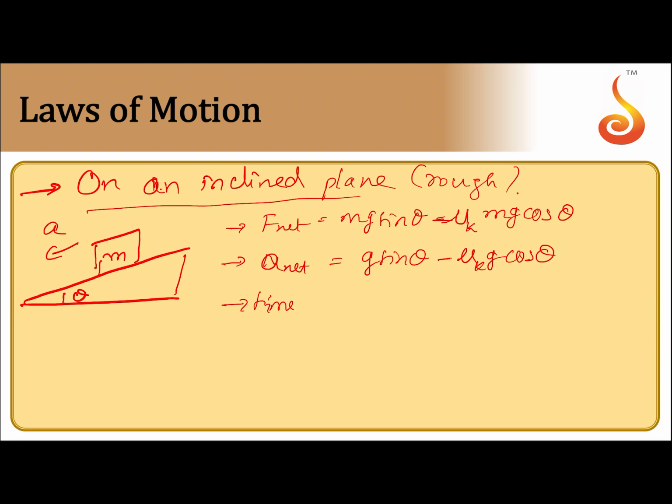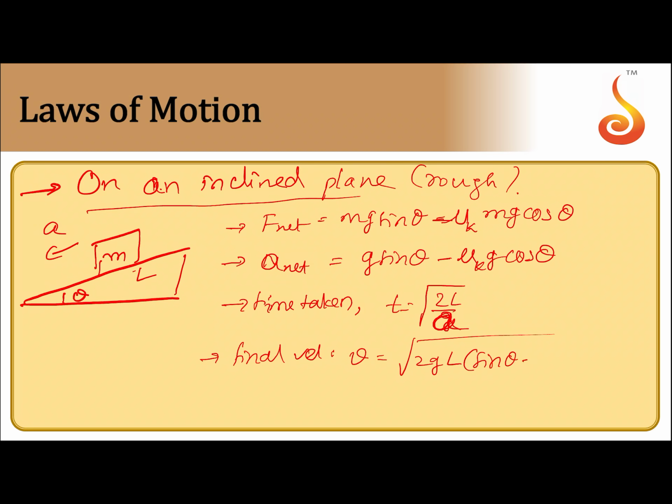Time taken to reach the bottom, t, is equal to the square root of 2l divided by a, where l is this length. Final velocity, assuming it starts from rest, is the square root of 2gl into (sine theta minus mu cos theta).